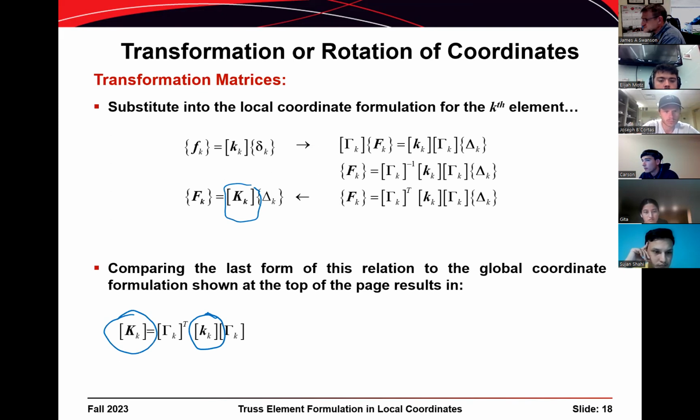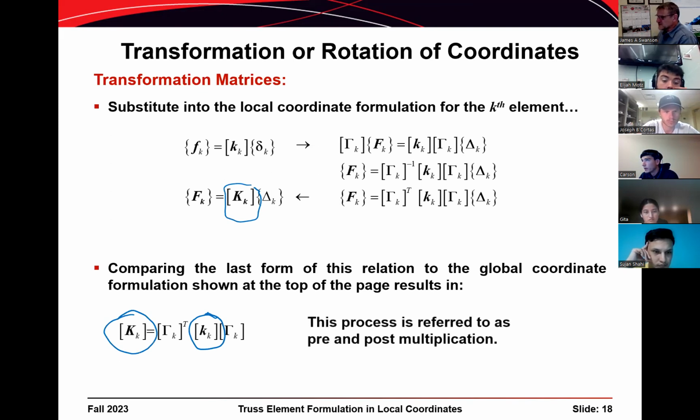And this process involves pre-multiplying by the transpose of gamma and then post-multiplying by gamma itself. And so when you read textbooks or you talk to different experts on this, this process is typically referred to as pre and post multiplication, because you take the value of lowercase k and multiply it by the transpose of gamma, and then you multiply by the original value of gamma.